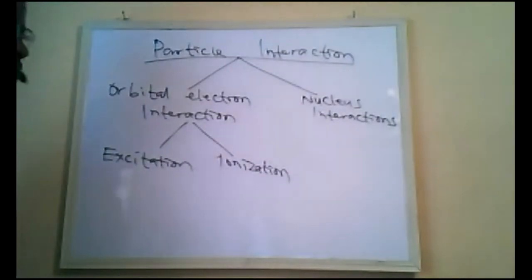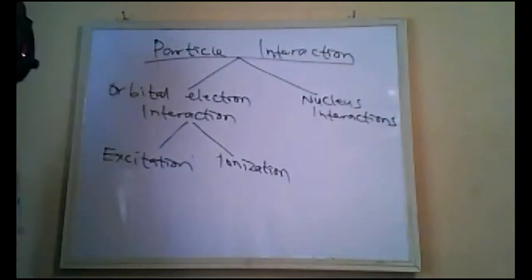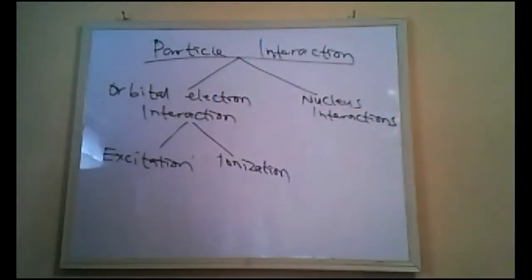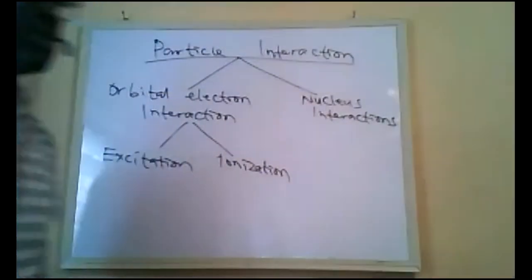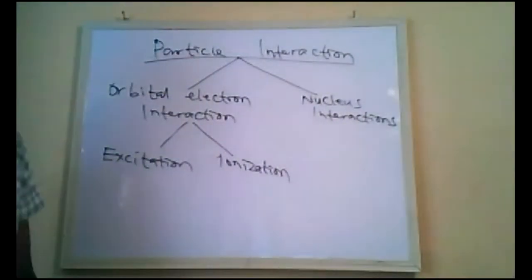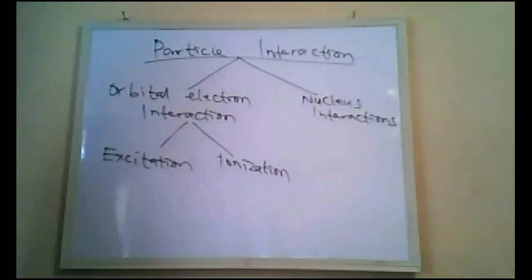When somebody is intoxicated, the person begins to act in a funny way. Of course, the person can become hyperactive. That happens with interaction with orbital electrons.